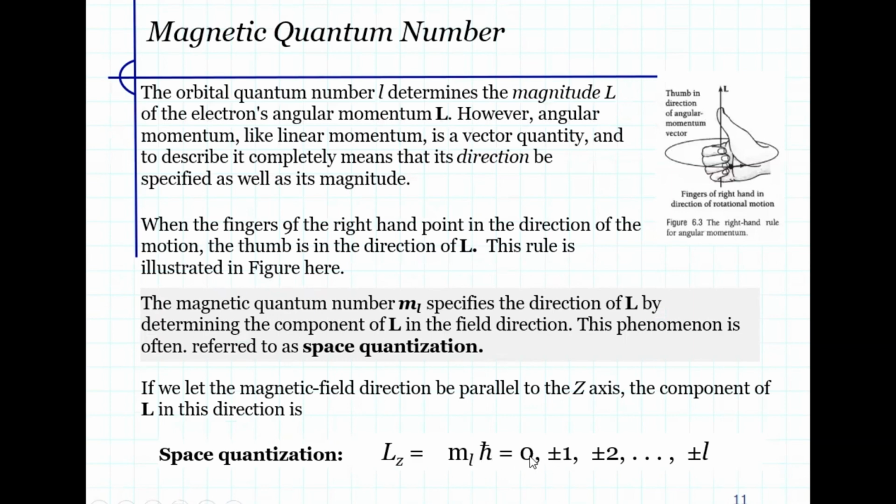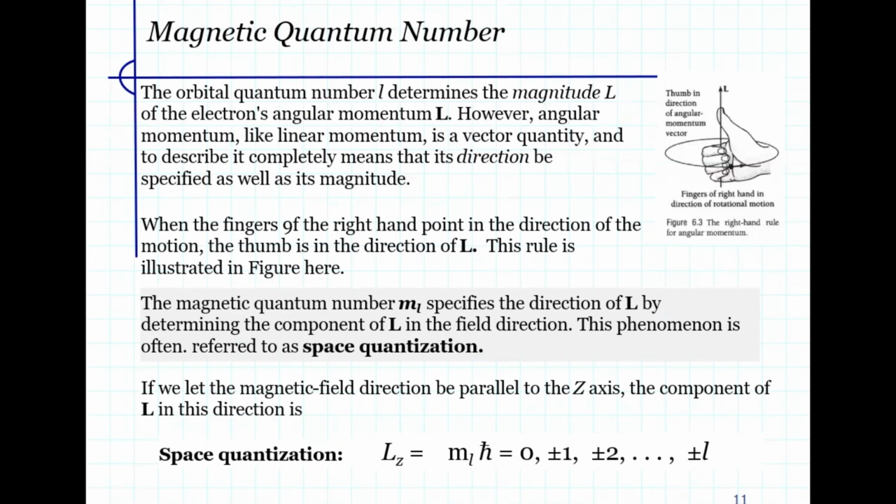ML can have values of 0, plus minus 1, plus minus 2, up till plus minus L in terms of h cut. So the space is also quantized. Not all the directions are allowed for the angular momentum to have.